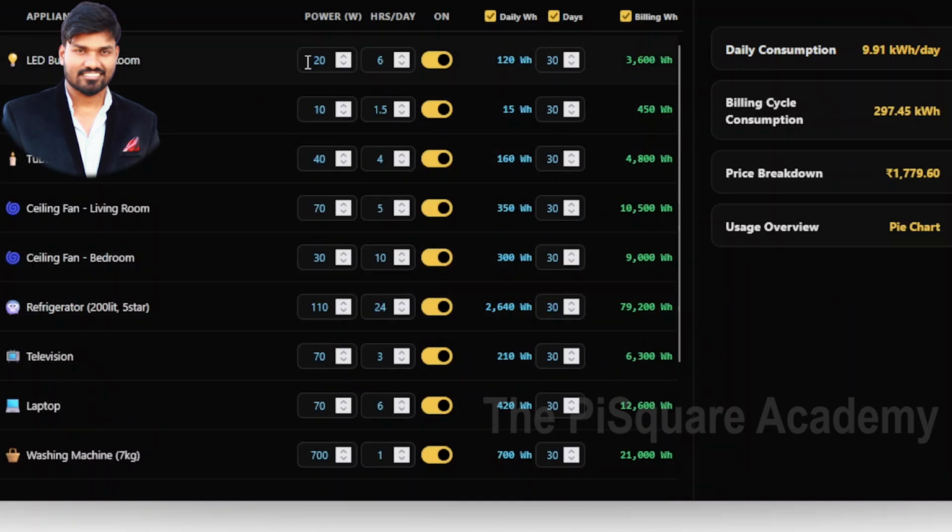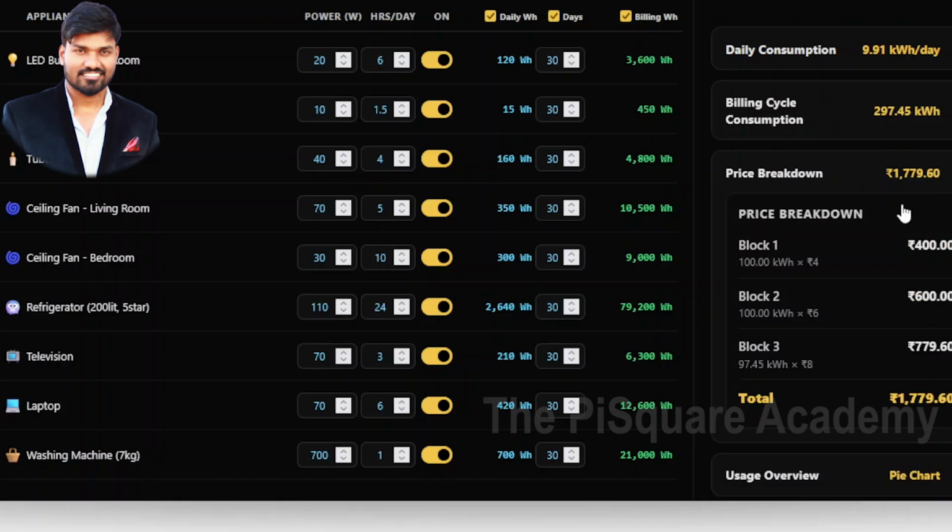Using the wattage capacity and hours, multiply these two, you will get daily consumption, multiply by the number of days, you will get monthly consumption. You add all these monthly consumptions, you will get total monthly consumption, and you just multiply with the tariff block, whatever it is, you will get the total price. That's it.